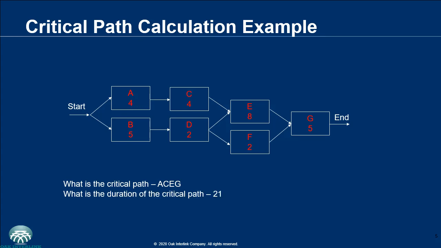So the duration of the critical path is 21 days, and the critical path duration also determines the duration of the project. So the duration of this project actually is also 21 days. So this is a simple way by which you can find the critical path for a project using the network diagram.